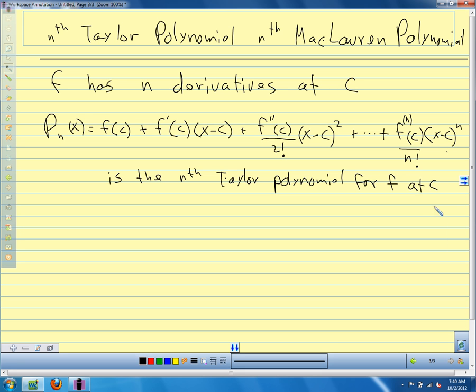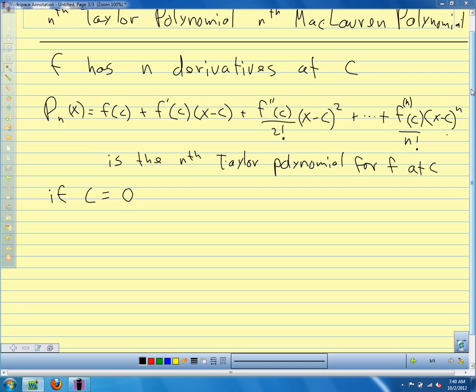So this gives us a process, a procedure for approximating a particular function, as long as we have n derivatives, for approximating this function at some point in its domain c. And we give it a special name if c equals 0. So we're expanding about 0. That simplifies our expression. Then we call our polynomial the Maclaurin polynomial.